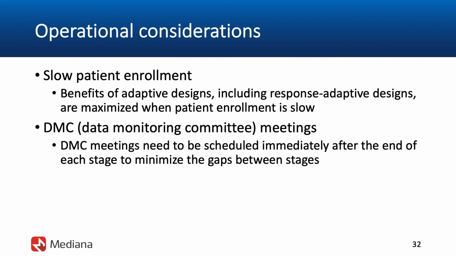This is a term that is commonly used in adaptive trials to describe patients who are enrolled in the trial between the end of a stage where the randomization scheme should be updated and the actual time when that randomization scheme changes.